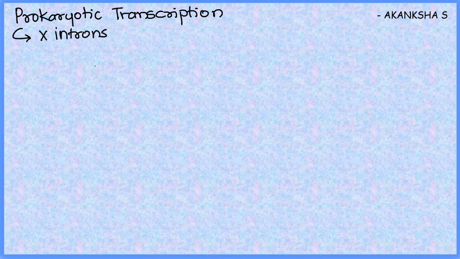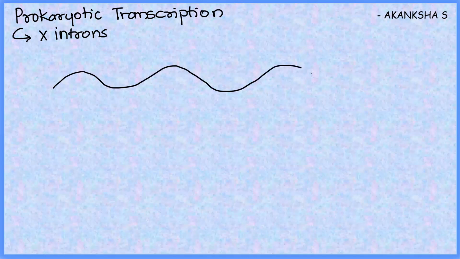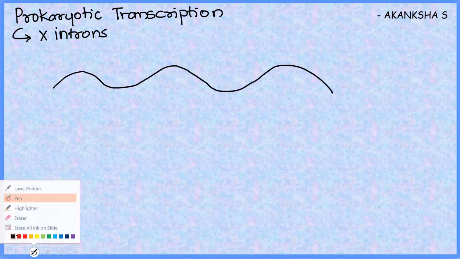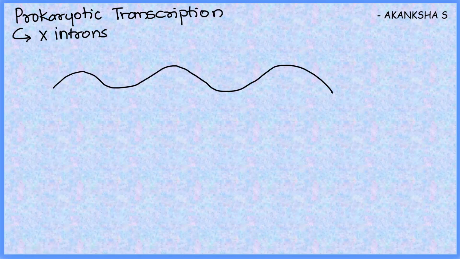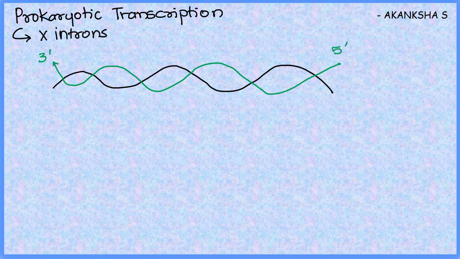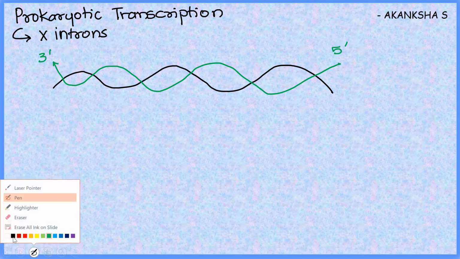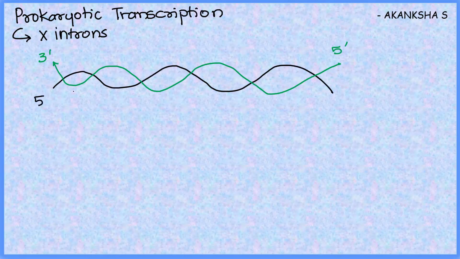All the things, your DNA, if we talk about, see over here, let's take this to be our DNA. Okay, and we have another part over here. Let's term this as 3 prime, 5 prime, and let's term this strand as 5 prime, 3 prime.